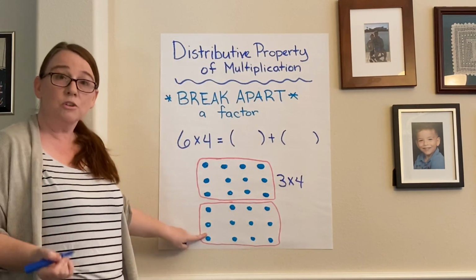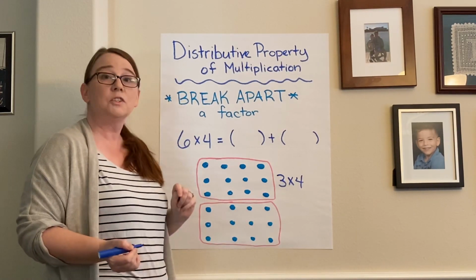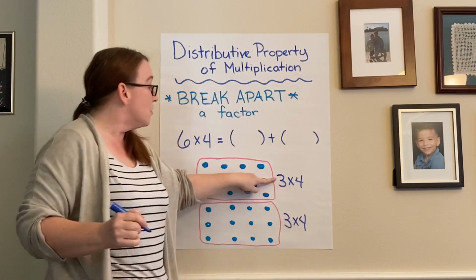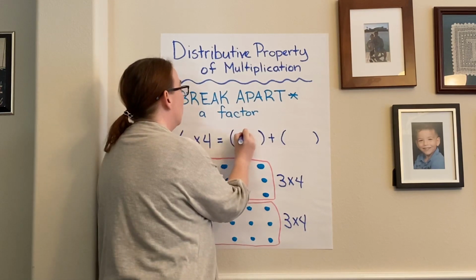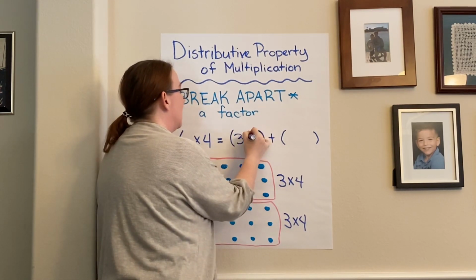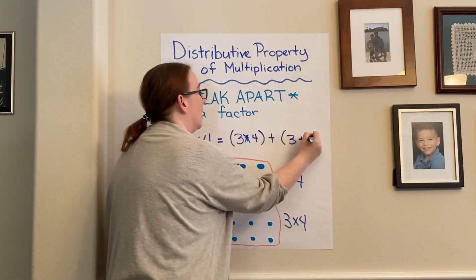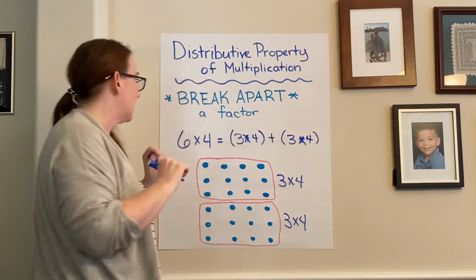And my other smaller array, of course, is also going to be 3 rows of 4, so that would be 3 times 4. So now I have my 2 equations. I'm going to write them in the parentheses. Sorry for being a little messy on my multiplication signs there.